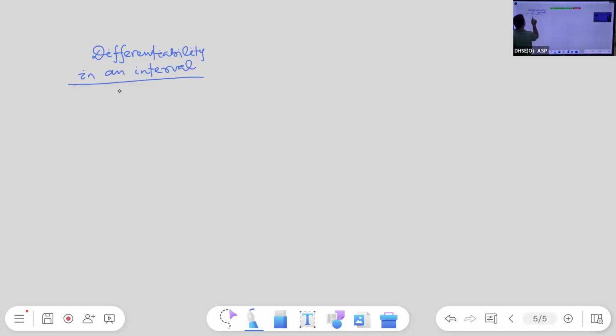First write down checking differentiability in an open interval.